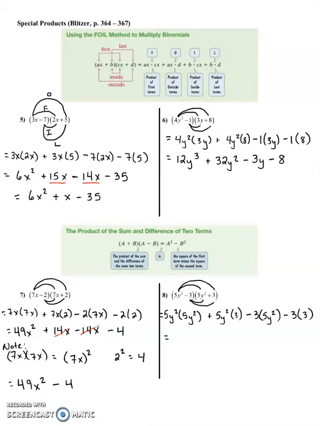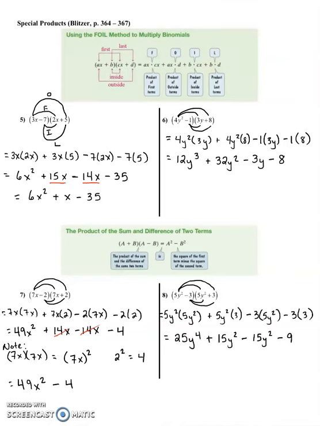So 5y squared times 5y squared, 5 times 5 is 25, and a y squared times another y squared is a y to the 4th, plus 5y squared times 3 is 15y squared. Negative 3 times 5y squared gives us a minus 15y squared. And negative 3 times a positive 3 gives us minus 9.